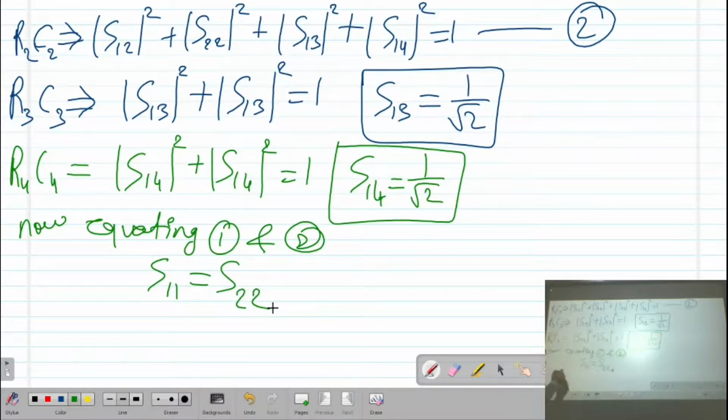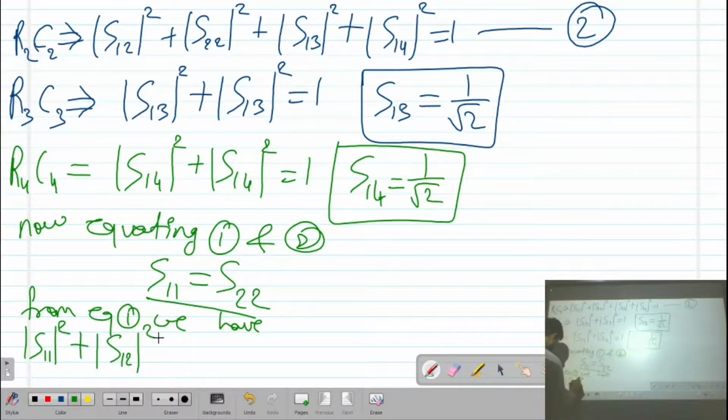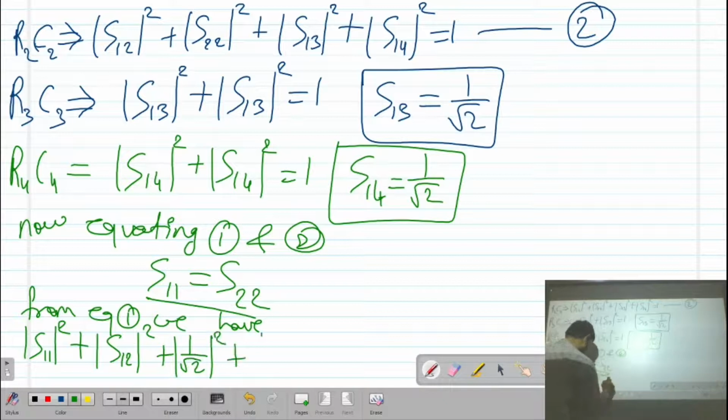So substituting this in equation 1, we will have S11 whole square plus S12 whole square plus 1 by root 2 whole square plus 1 by root 2 whole square is equal to 1.